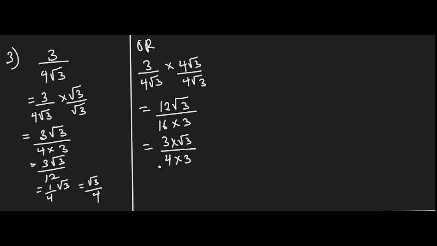Then we still have 3 cancel this. So we are having root 3 over 4. We have done that. Let's take another example.